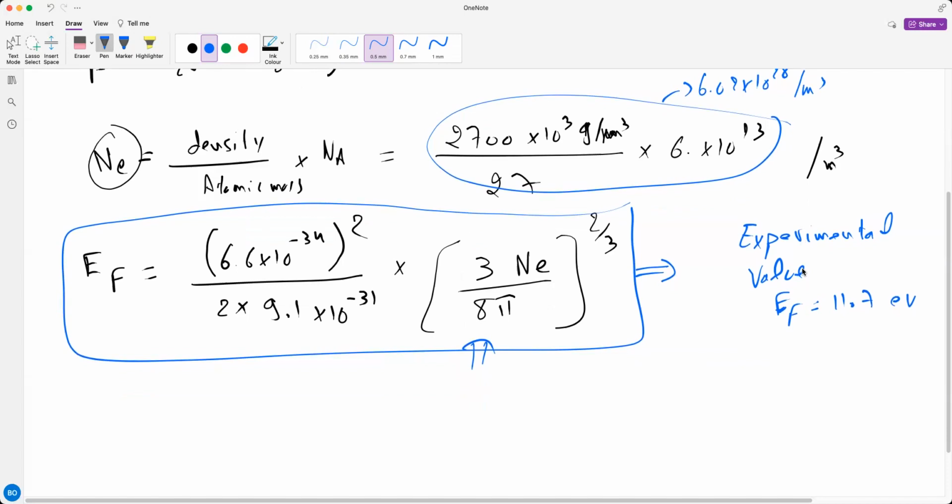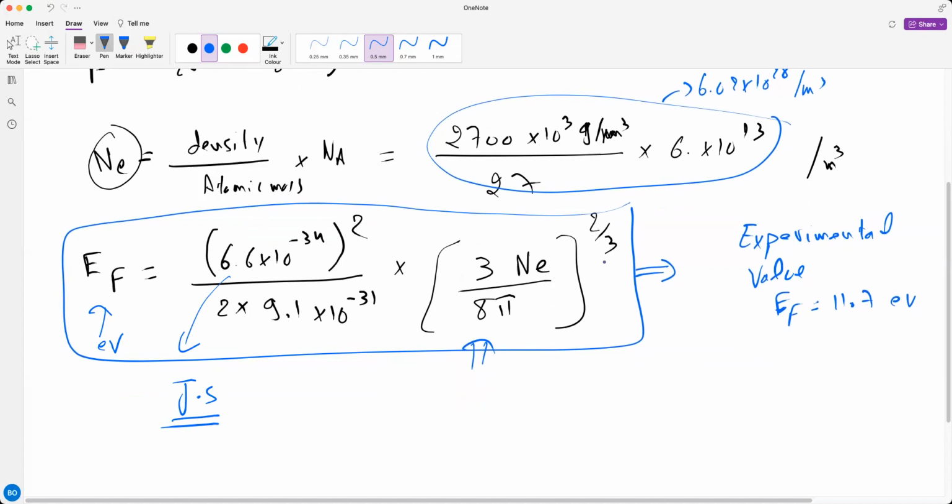Now, the reason I'm asking you to calculate this: remember, the Fermi level must be in electron volt. The Planck's constant is given in joule seconds, so you have to convert.